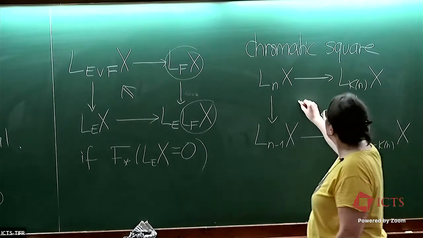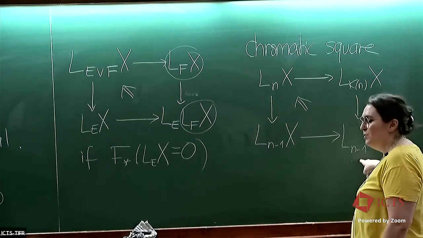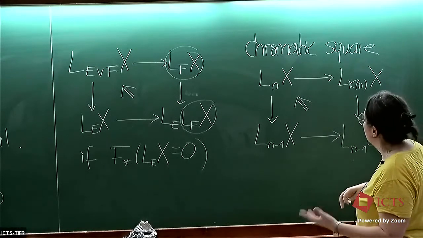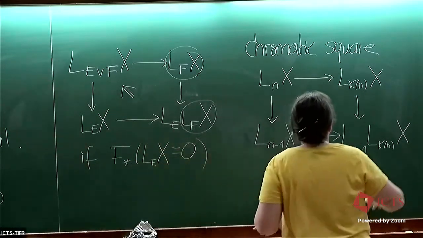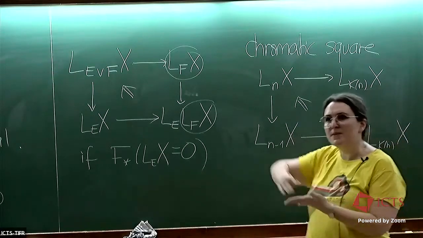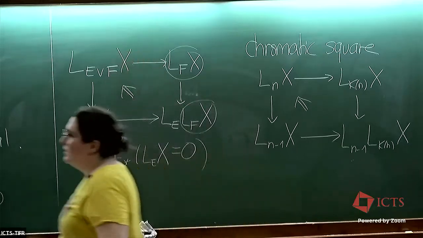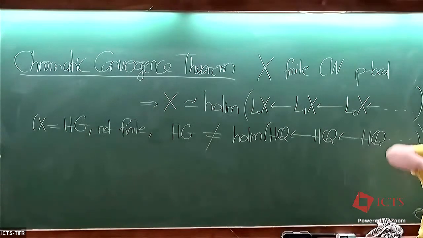So you have a pullback square like so, but even if you don't really want to know why this is an absolute horror, it at least morally tells you, just as this does and this does over there, that the K_n localizations form the difference between the E_n localization and the E_{n-1} localization. So here you have your chromatic tower, and the difference between the different floors of that tower are the K_n localizations.